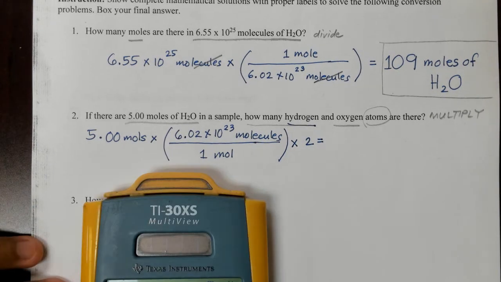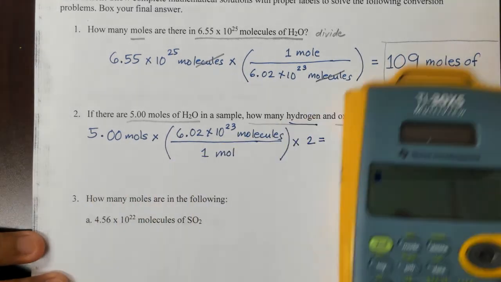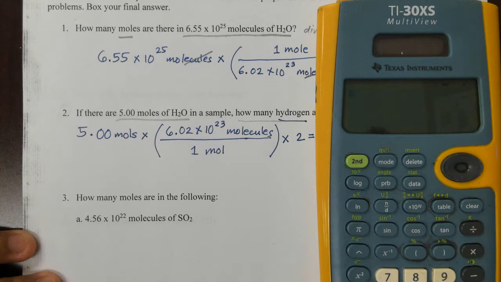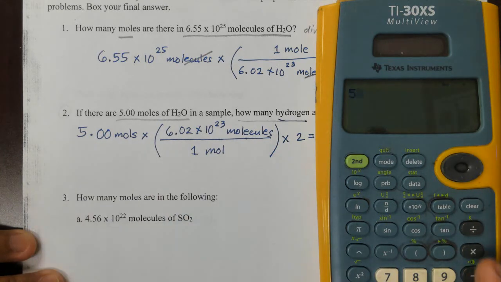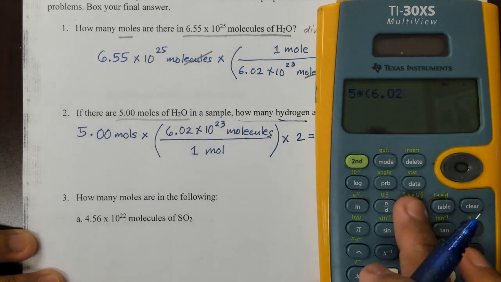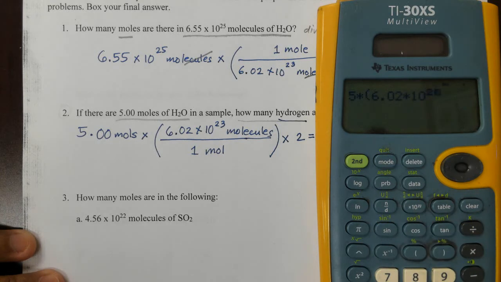Now we're going to look at the calculator. We're going to input everything in the calculator. So that's 5.00, which is just 5, times, open parenthesis, your Avogadro's number, 6.02, times 10 to the 23, arrow to the right, and then we close the parentheses, and then times 2, okay?